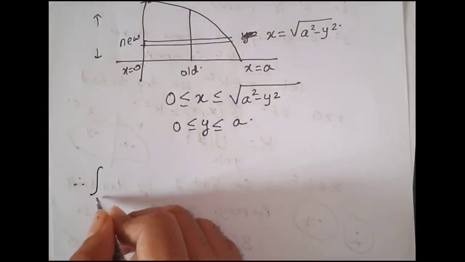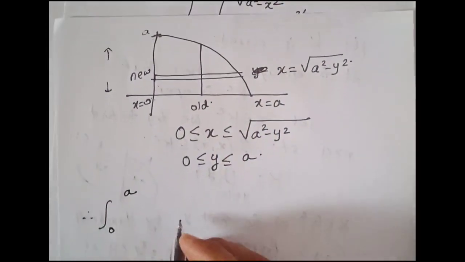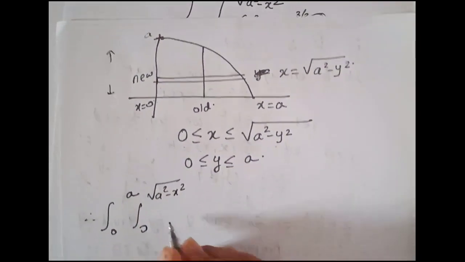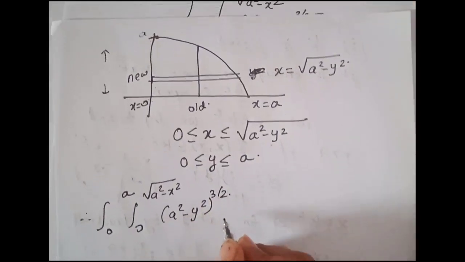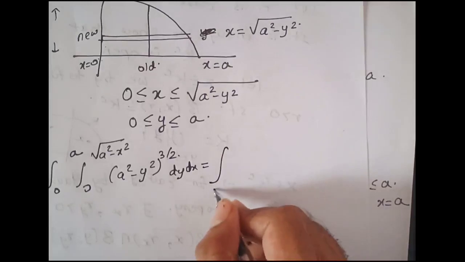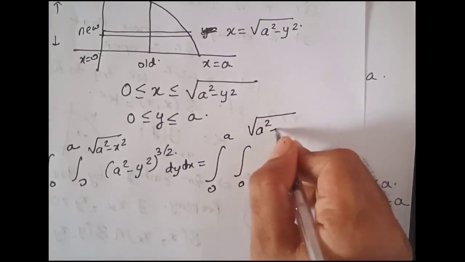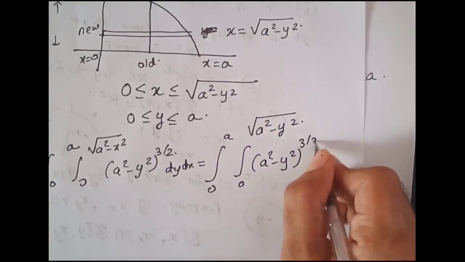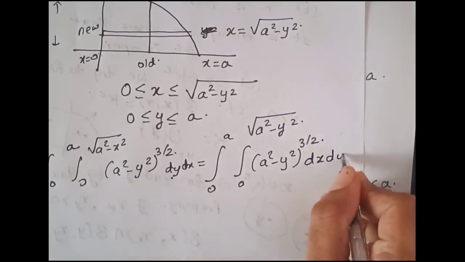So therefore, our given integral, that is, 0 to a and 0 to square root a square minus x square, of a square minus y square raised to 3 by 2 dy dx will now become equal to 0 to a, 0 to square root of a square minus y square, a square minus y square raised to 3 by 2, and we are exchanging the limit, so it will be now dx dy.